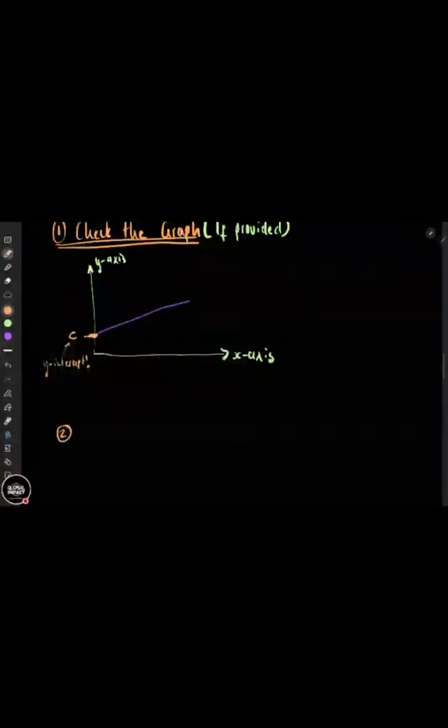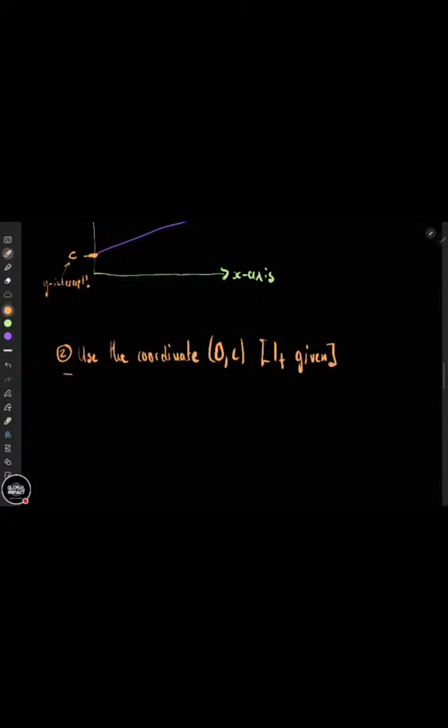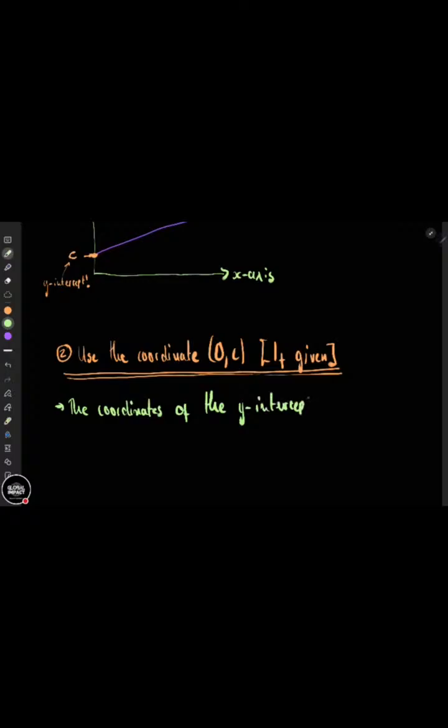Method number two. Use the coordinate (0, c), if given. What you must know is that the coordinates of the y-intercept are (0, c).